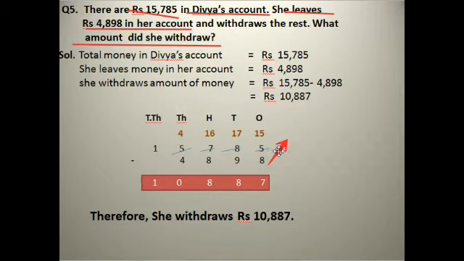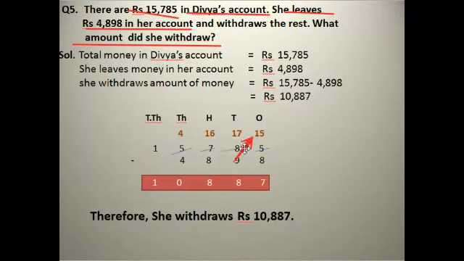For subtraction, we arrange all digits according to their places and we subtract. We subtract 8 from 5, but it is not possible. So we take away 1 from the tens place and 5 becomes 15 and 8 becomes 7.